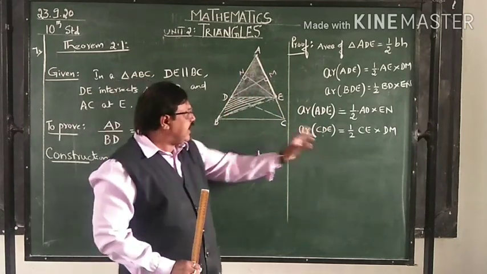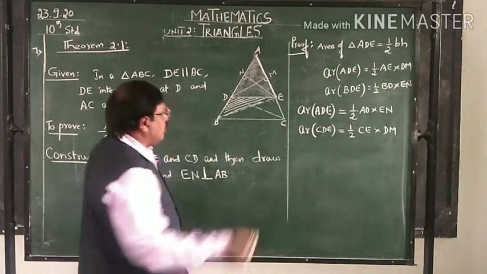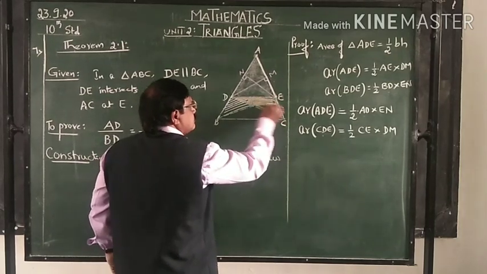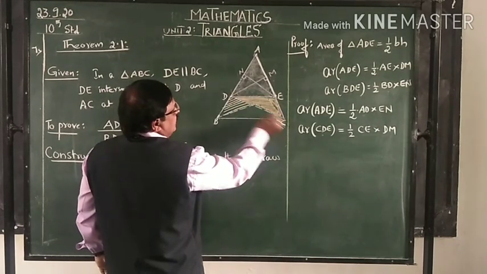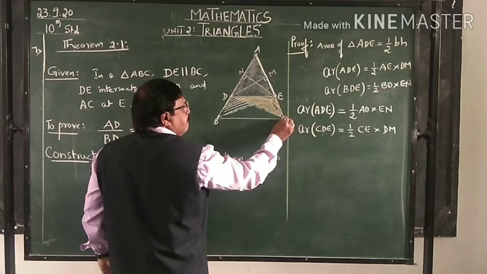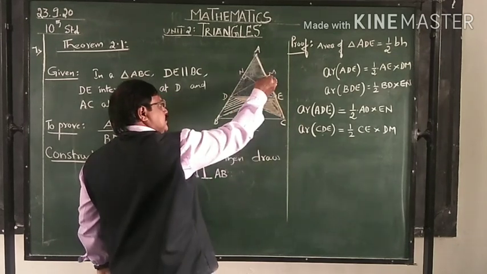If you take triangle CDE, the area is half into base into height, that is DM.